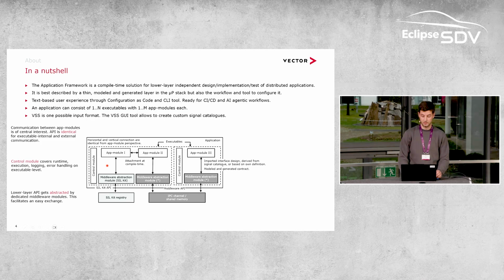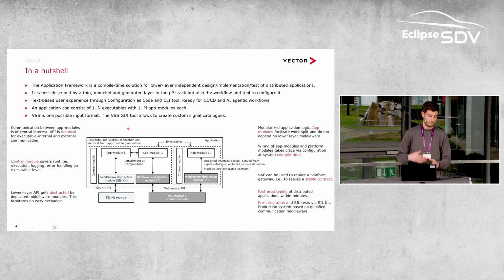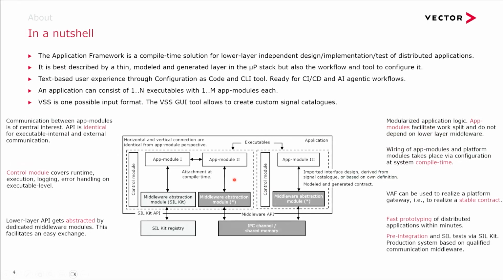Here are some key characteristics. The API for the application modules is identical no matter if you communicate horizontally or vertically. Then we have the control modules, one per executable.